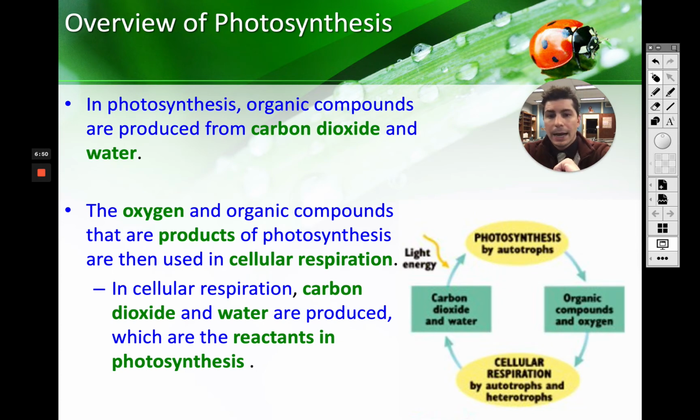Along with making stuff in photosynthesis, there are also going to be some byproducts, some things that are formed during photosynthesis that are released. The first thing is going to be oxygen. We are going to release oxygen into the air when photosynthesis occurs. So the plant goes through photosynthesis and it releases oxygen, which is really good for us because we need oxygen to survive. We need oxygen constantly, every second of every single day.